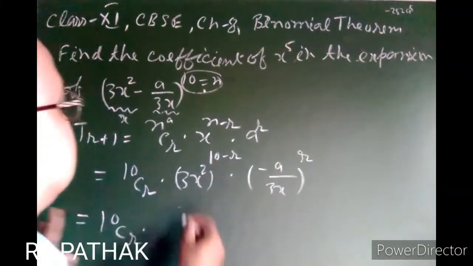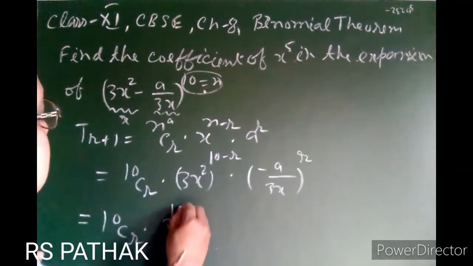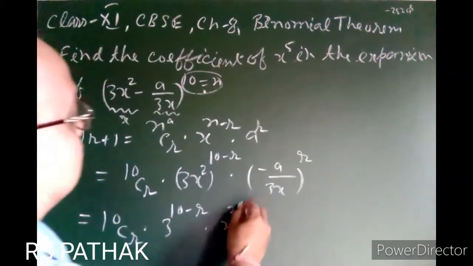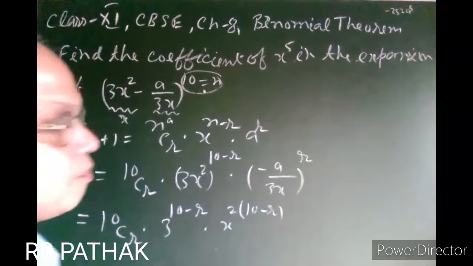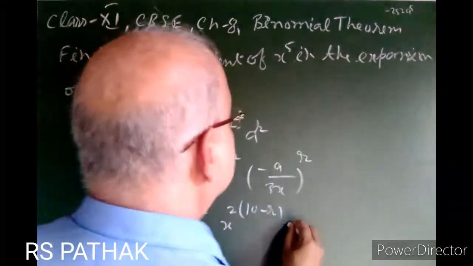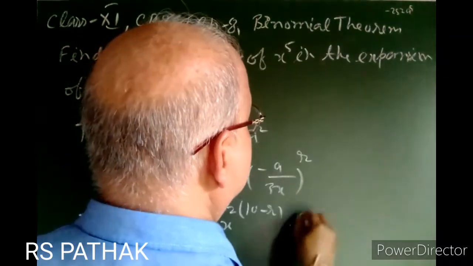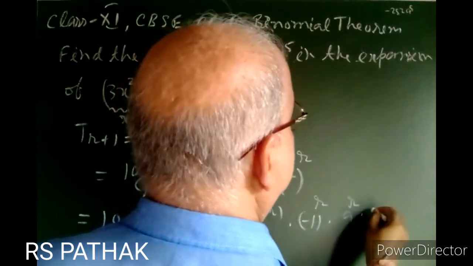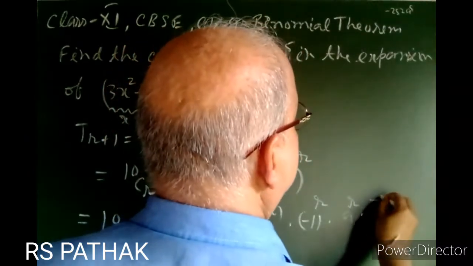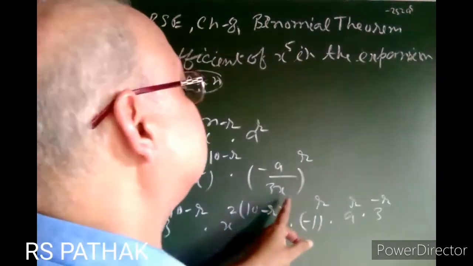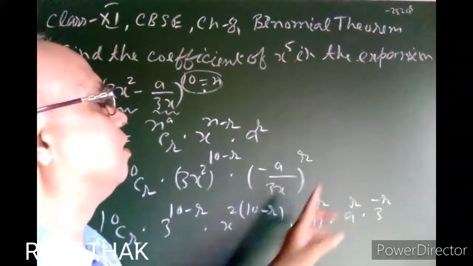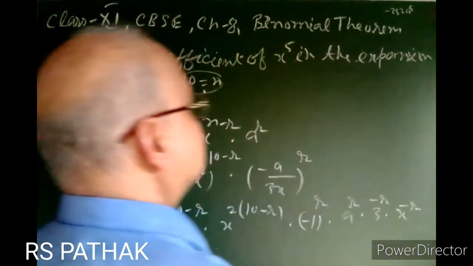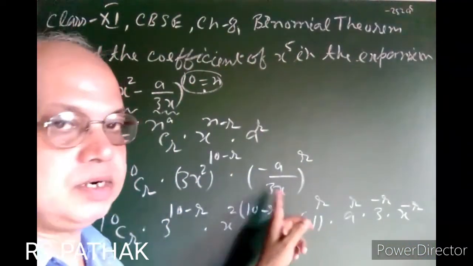Write separately 3 to power 10 minus r, x to power 2 multiplied by 10 minus r, this minus 1 to power r, a to power r, and this 3 to power minus r. 3 will go up, the sign of power will become minus, and this x also minus r because x is in denominator.